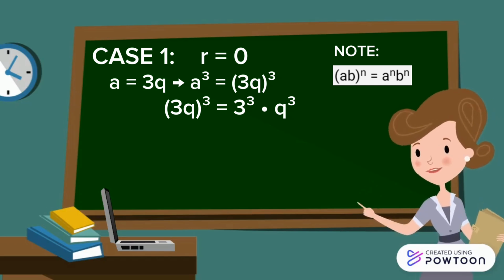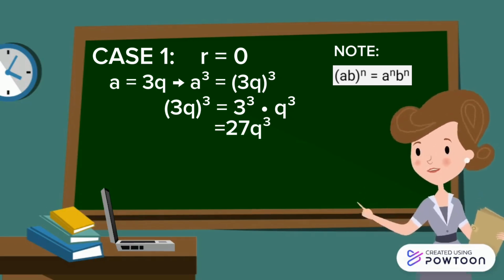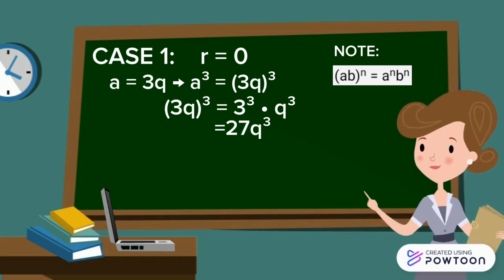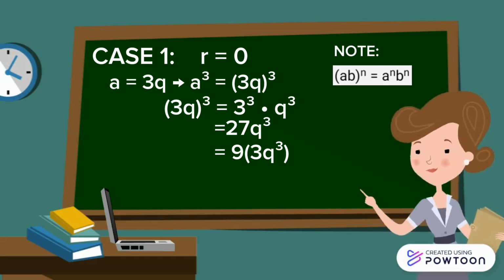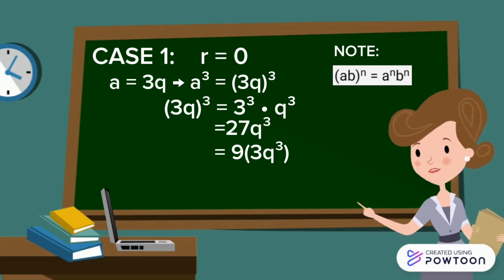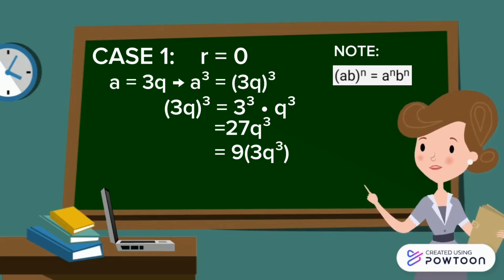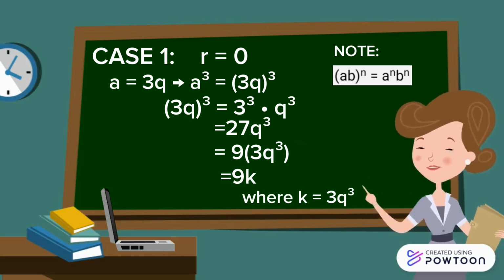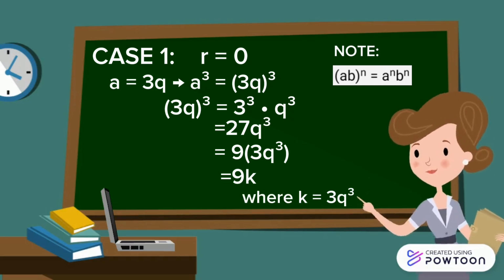Then, multiplying 3 raised to 3 by q raised to 3, we get 27q raised to 3. Extracting factors, we get 9 times the quantity of 3q raised to 3. We can represent this equation as 9k, where k is equal to 3q raised to 3.